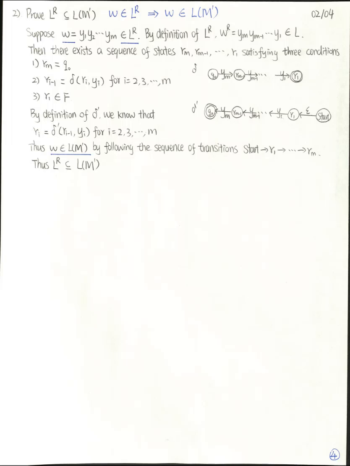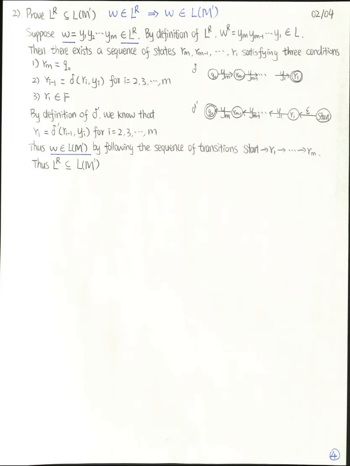From start state, I consume nothing and I reach this R1. And following that sequence of computation, I can reach this Rm, and this Rm is Q0. Q0 is an accept state in this M prime. And this sequence of transitions from start to Rm corresponds to reading each symbol Y1 through Yn. So that means this W is accepted by this machine.